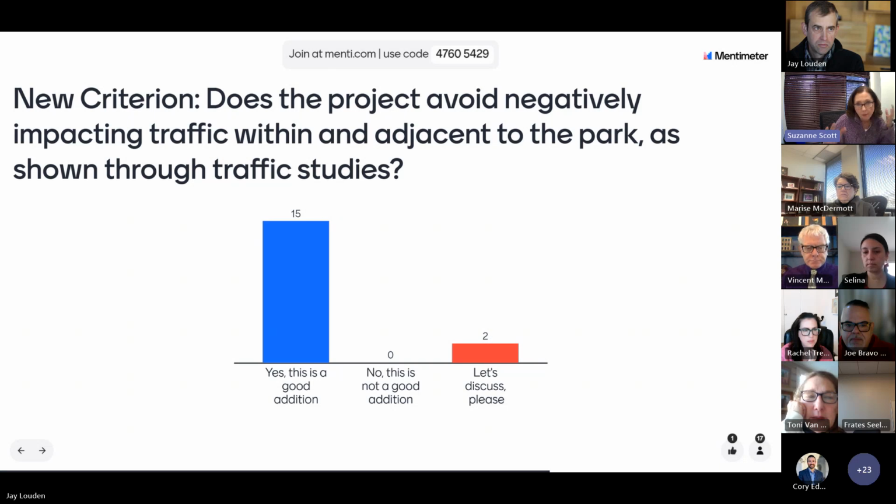I'm hoping that if the traffic study is done, that will be the baseline. But this seems a little premature. How can we anticipate another traffic study that's not done per project, but as a baseline for the city? I don't know how this question would factor into that. That's all I'm saying.